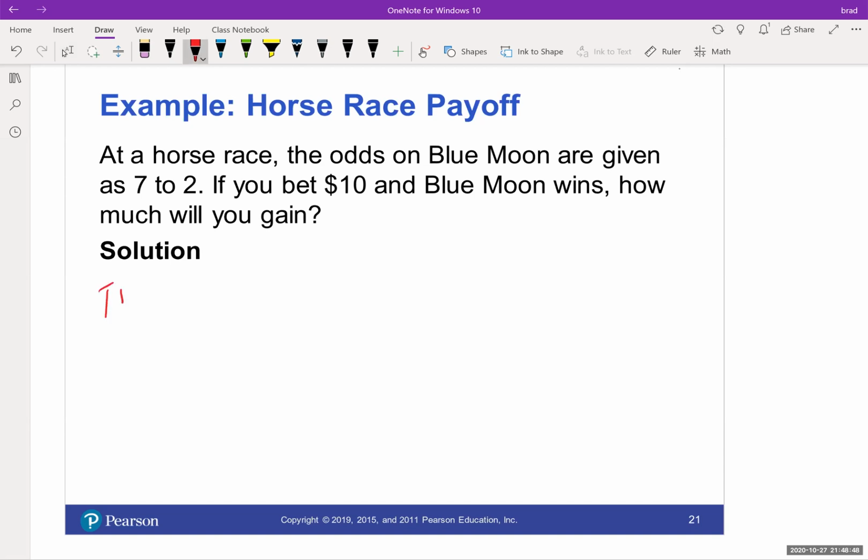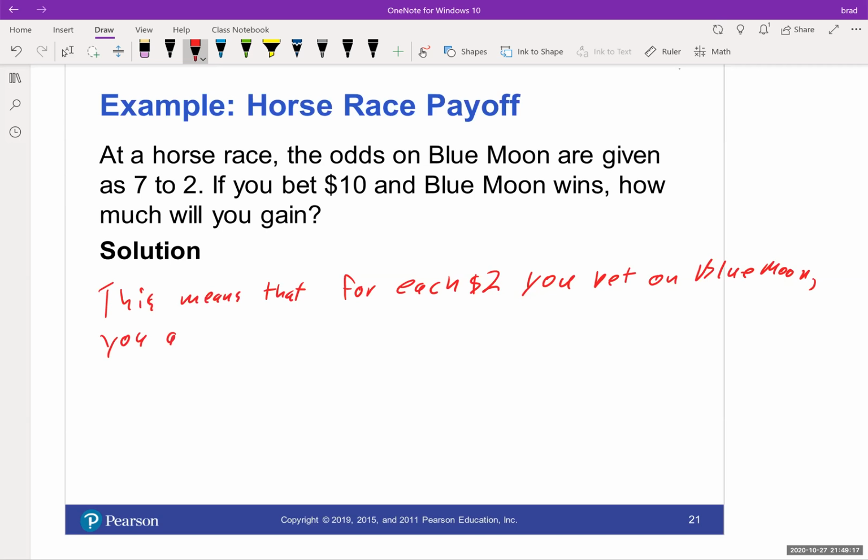So this means that for each $2 you bet on Blue Moon, you will gain $7 if you win, right?